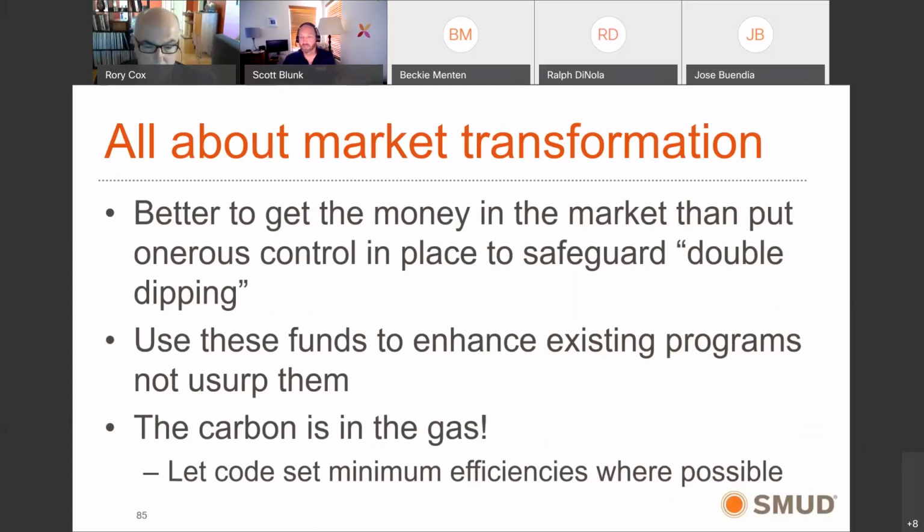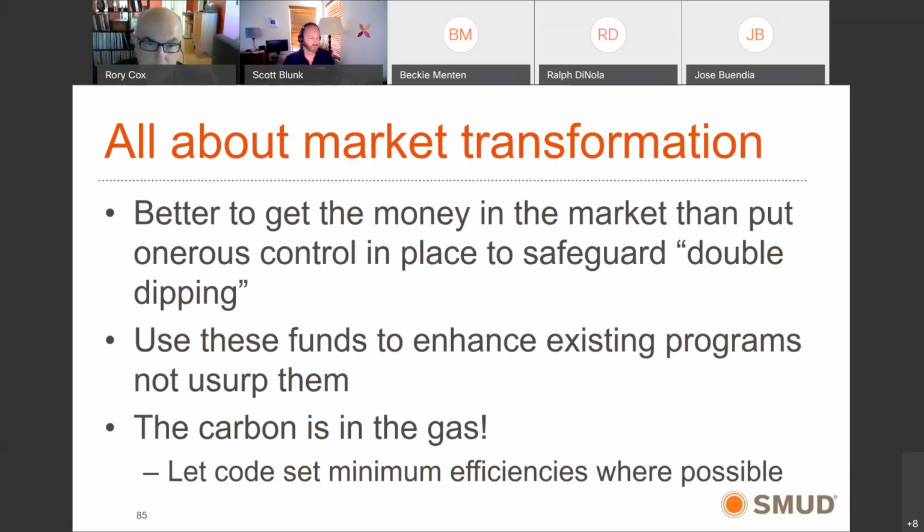It is all about market transformation, and especially in these early days, market transformation is going to be a little messy. I feel it's going to be much better to get the money out into the market rather than making sure it's placed perfectly and that there's no double dipping, putting all these safeguards in place. Safeguards are just going to slow the process down. It's my view, let's get them out there and adjust on the fly the best we can.